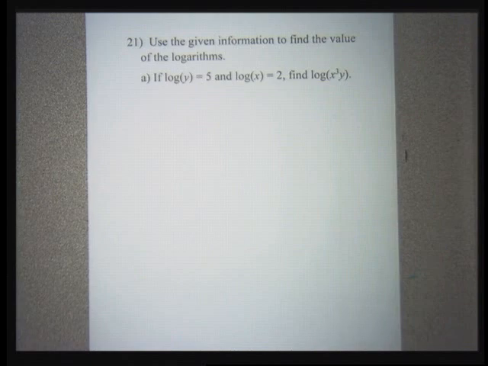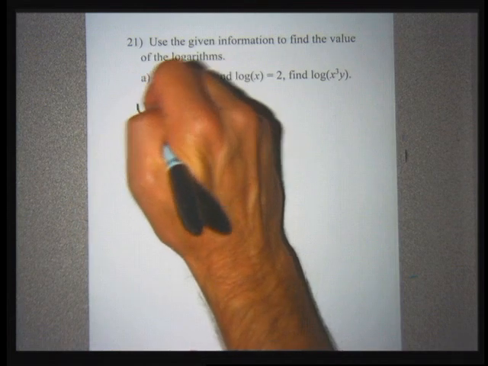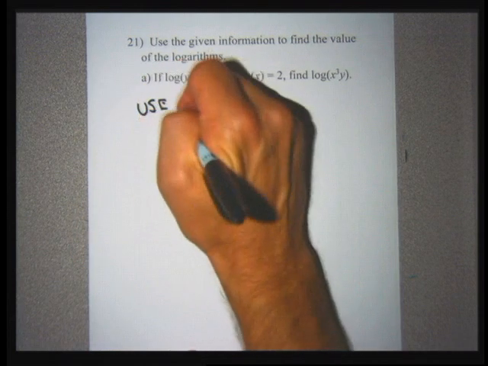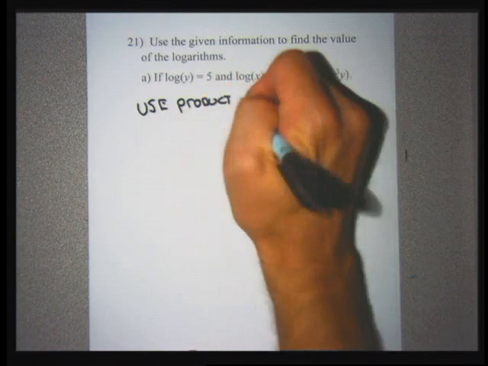For 21, it's a tough problem because, again, you may have not seen anything like this for a while. To do problem 21, I need to expand the given logarithm into 2 logarithms. So first I'm going to use the product to sum rule.